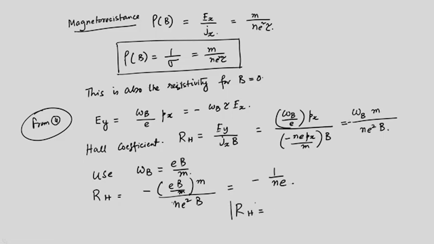So I can write the magnitude as 1 over Ne, and this tells you that the Hall coefficient is a constant and it doesn't depend upon B. And the reason is the same, because we are talking about equilibrium, the effect of the magnetic field does not come in. Okay, so this is pretty much what one learns in the classical Hall effect.